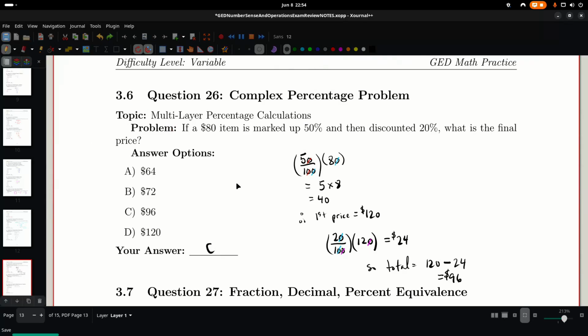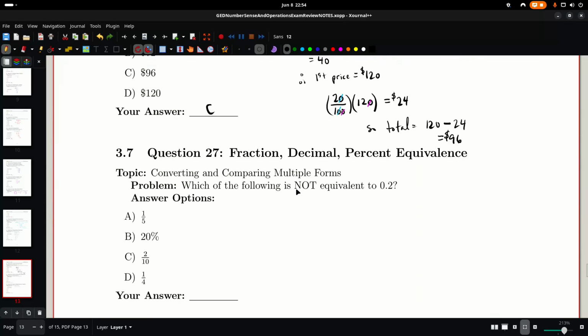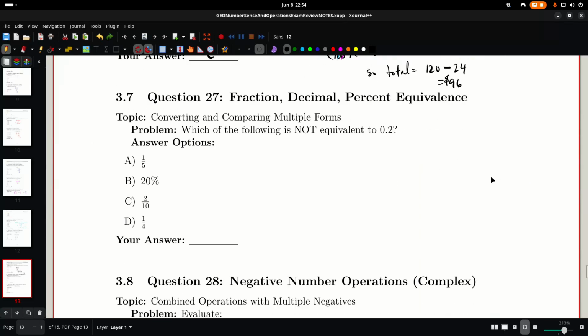All right, that's great. Question 27, fraction, decimal, percent equivalence. Which of the following is not equivalent to 0.2? Well, we should think about how we can write 0.2. 0.2 can be written as 0.2 over 1.